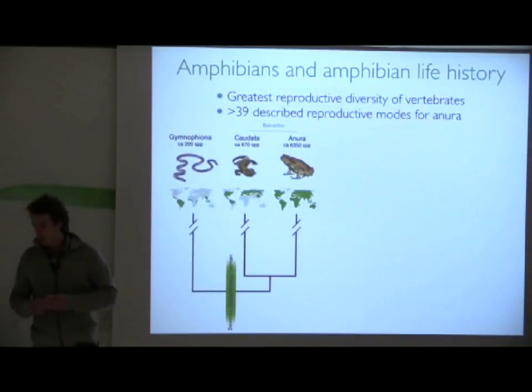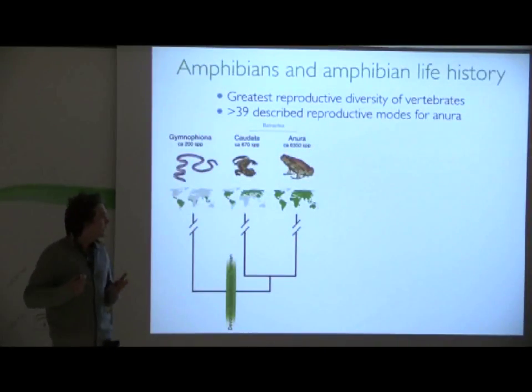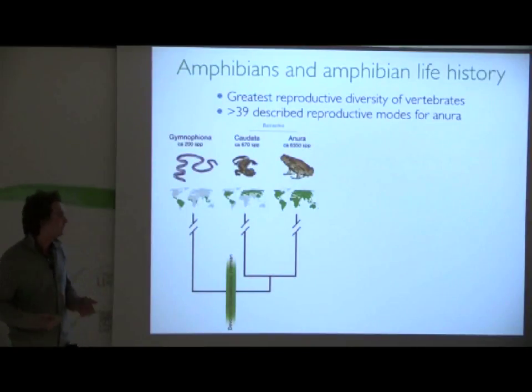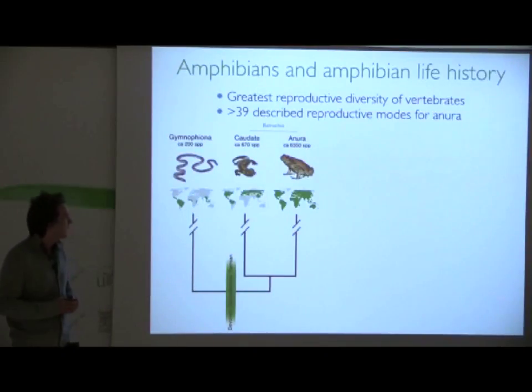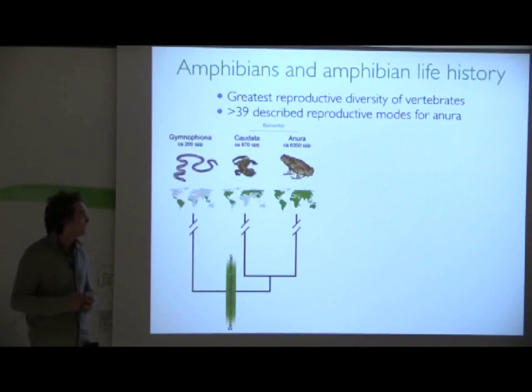So one of the long-standing interests in biology has been to try and understand all the diversity in life history strategies that are exhibited in organisms. And amphibians make quite an interesting system for studying this because they seem to show the highest diversity of reproductive modes in any vertebrates.